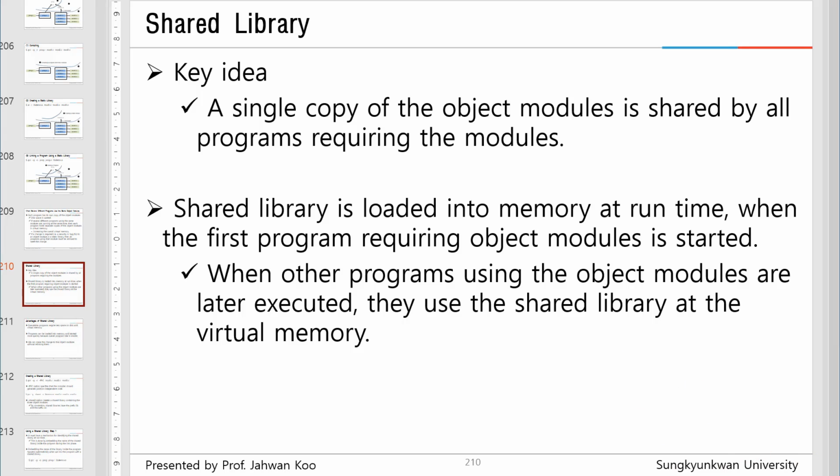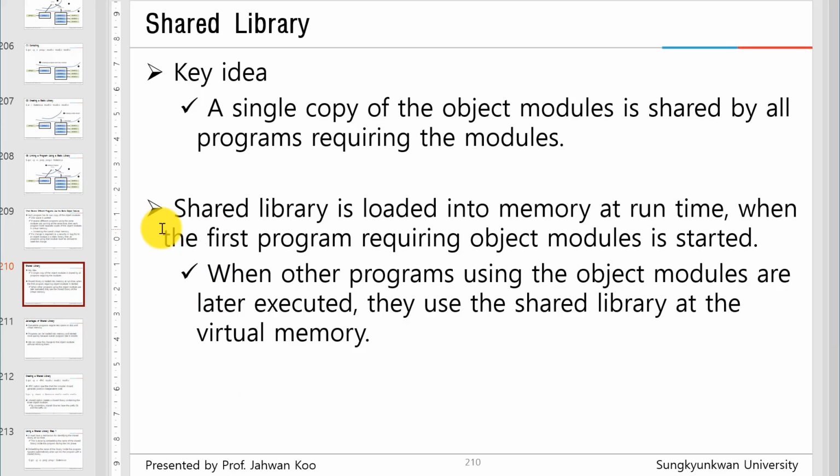To overcome these problems, shared libraries are needed. The key idea of a shared library is that a single copy of the object modules is shared by all programs. How can I do that? The object modules are not copied into linked executable programs.